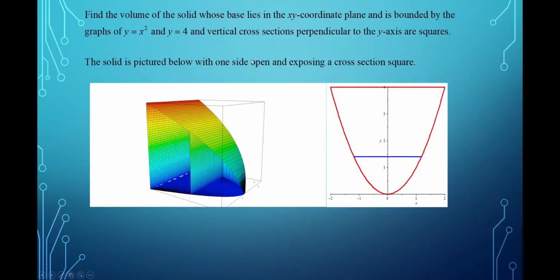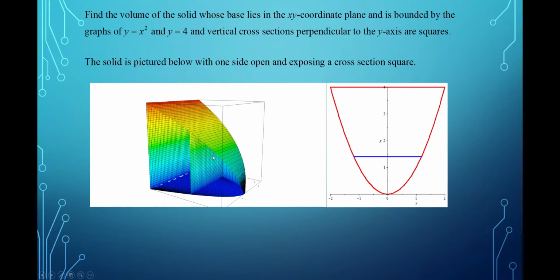So here's a picture of the base of my solid. And then if the cross sections of the solid can be modeled in terms of something whose area we know, in this case, the cross sections of our solid are squares. Like right here would be one side of the square cross section of your base, and the dimension of the square would be the same as this length right here.